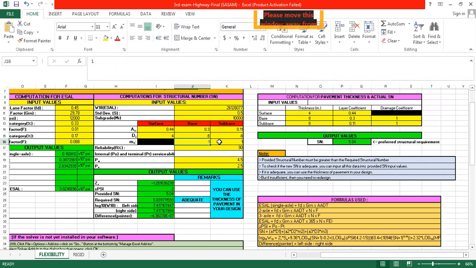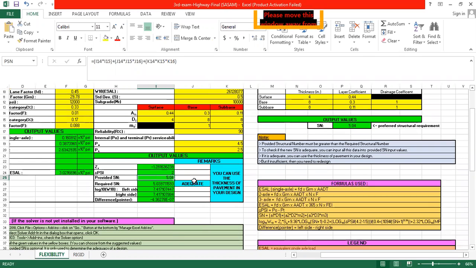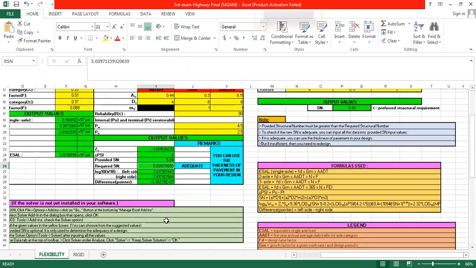So let's just say we already put all the values here. Then still it will result to the provided SN. Therefore, since PSN should always be greater than the required SN to become adequate, we need to check it using our solver.